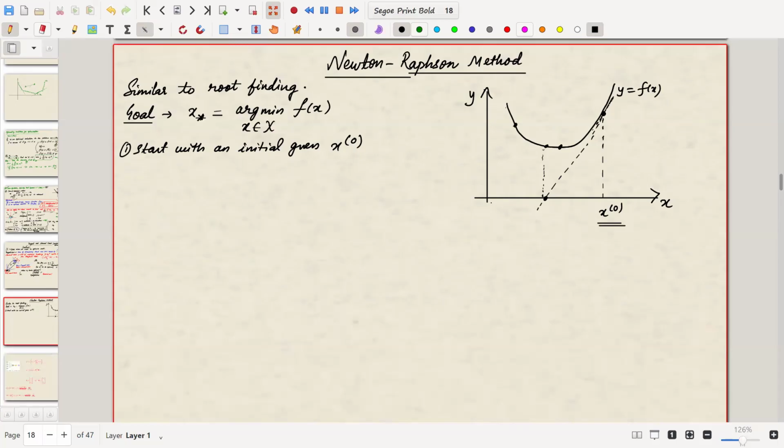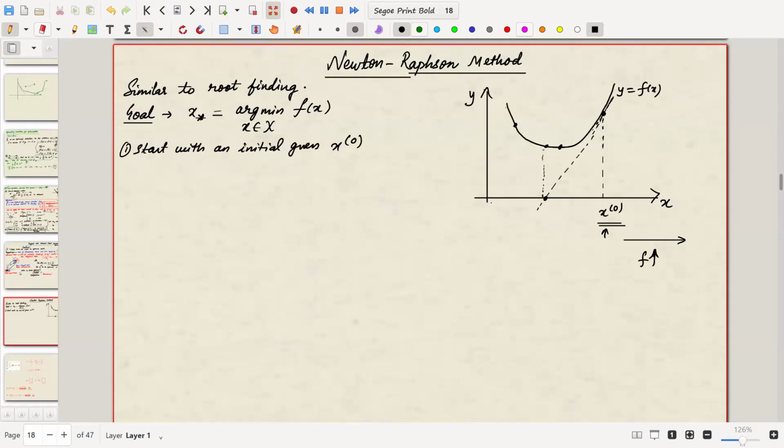If the slope is positive, what does it mean? The function is increasing. So if you go to the right, as x increases, the function increases. For x naught as the starting point, as you go this side, f increases.